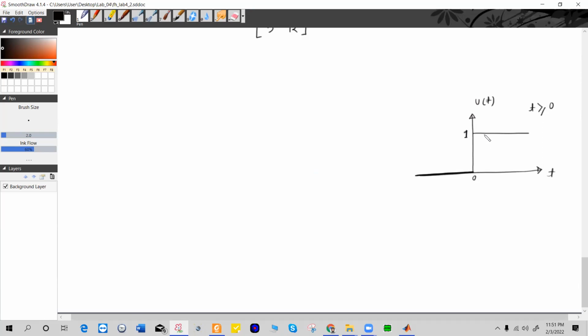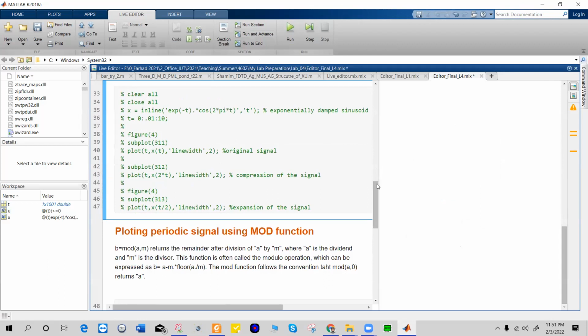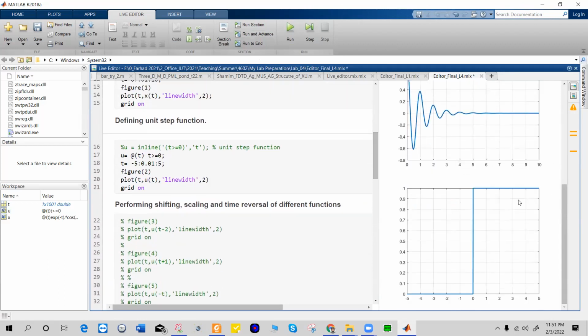Now let's see how in MATLAB we can generate this type of function. So this is the code. Before explaining the code, let me just run it. So here it is. You can see the unit step function.